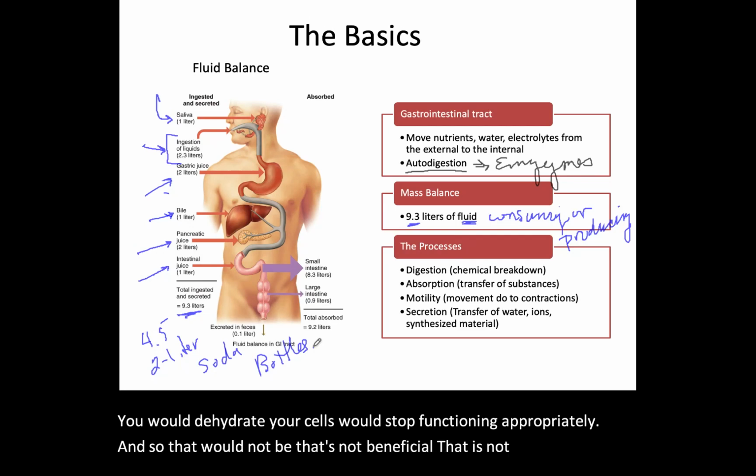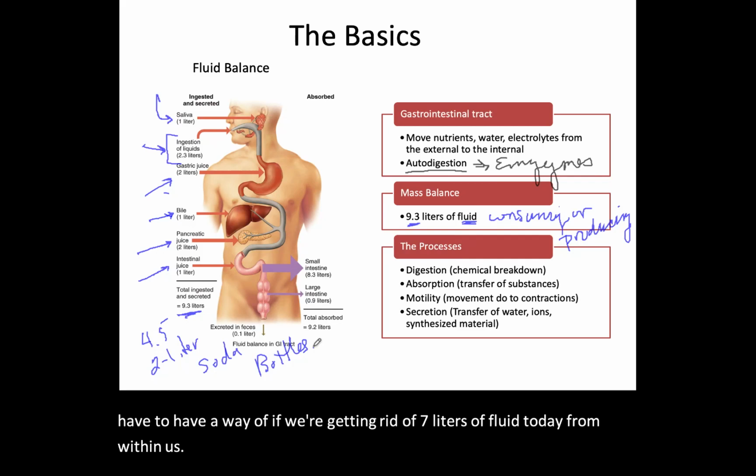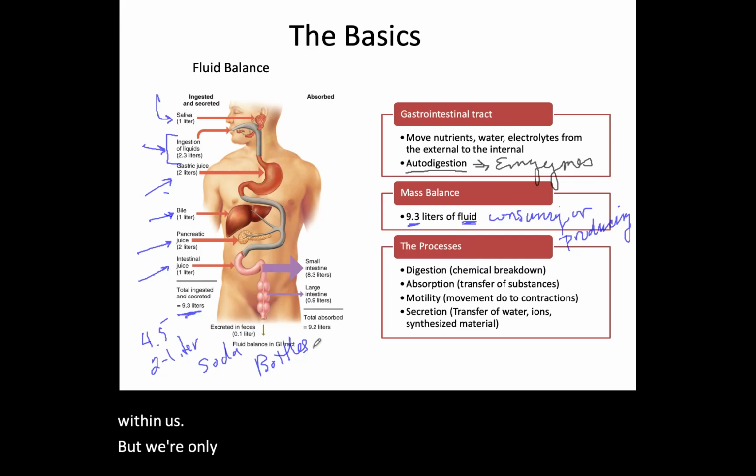And so if we're getting rid of 7 liters of fluid a day from within us, but we're only ingesting 2.3 liters, your body has to be able to conserve how much fluid it has within it. And so it's got to work to reabsorb that.